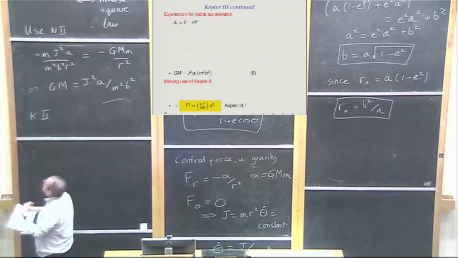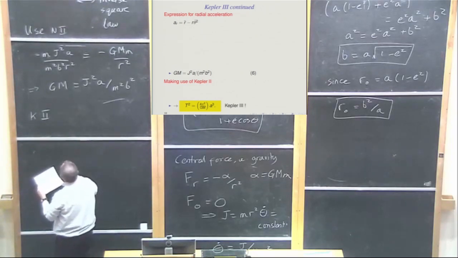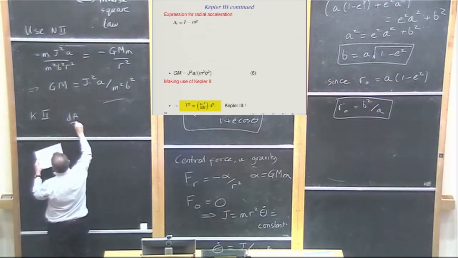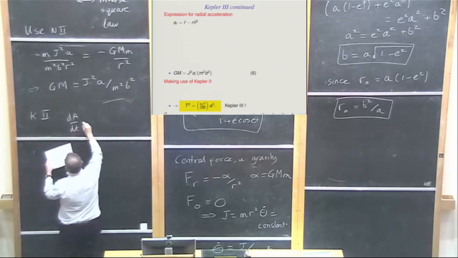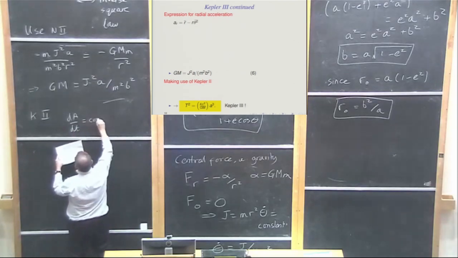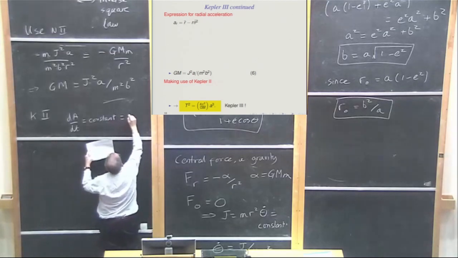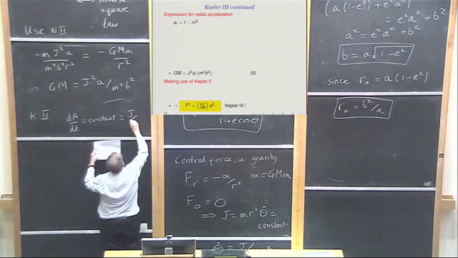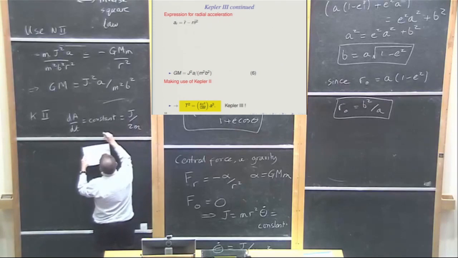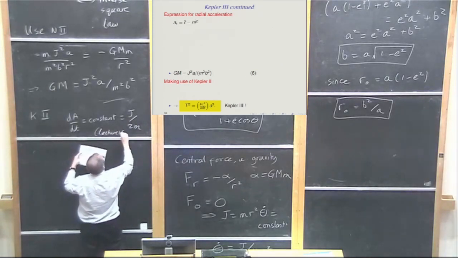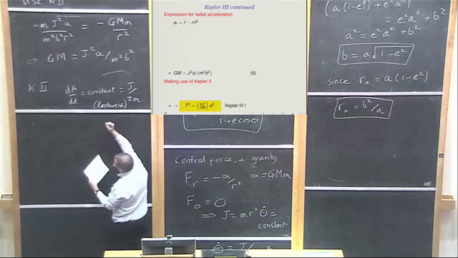That's equal areas are swept out in equal times. So that is dA by dt equals a constant, and that constant actually is equal to big J over 2m. And this is something we saw in lecture 16. So that is a result.